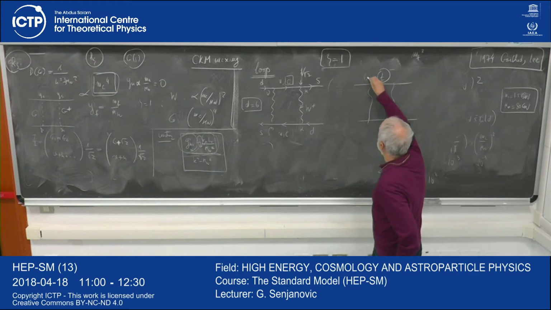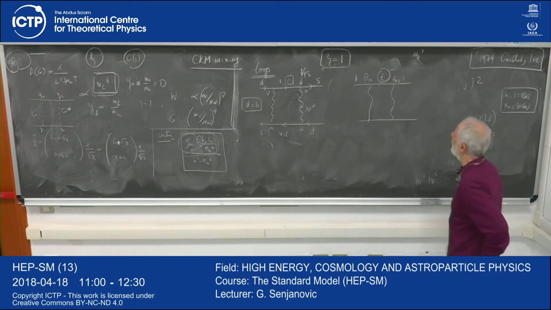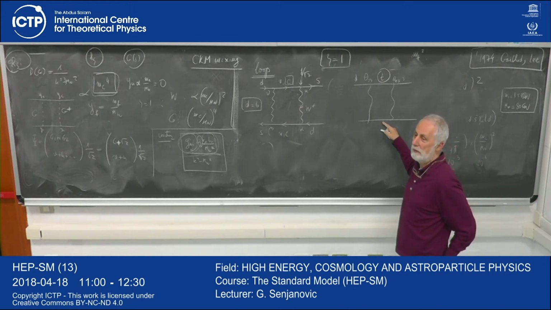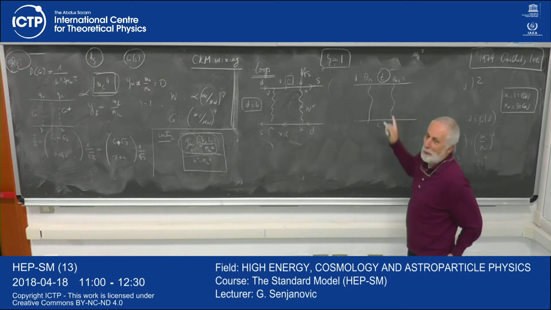So that means that you will get here theta. So this is down. So this is theta 1,3, theta 2,3. For small mixings, sine is equal to the mixing. Then what do you think I should put here, top or charm? Which will be dominant? Charm. I just need one top.